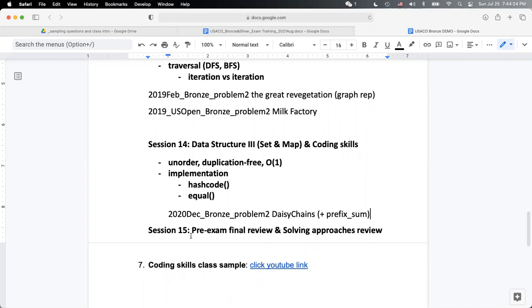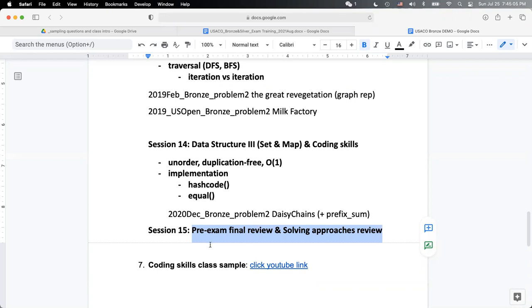Session 15 is the so-called final review and solving approach review. I put it here just as a placeholder. In the middle of the progression of sessions, I do want to have a review at that point frequently, for example of the solving approaches. It would be necessary, definitely we will not leave it to the last session to have a review. I literally have a placeholder that we're going to have a review at certain points frequently in the middle of our sessions.